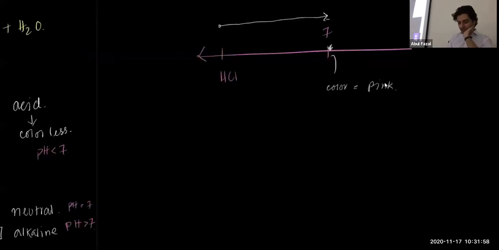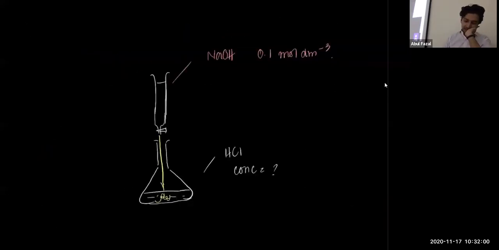Let's go back to our original experiment. Here I kept pouring it, and exactly, let's say exactly for now, at 27 centimeter cube, the entire solution turned pink. At 26.99 centimeter cube, it was still colorless.